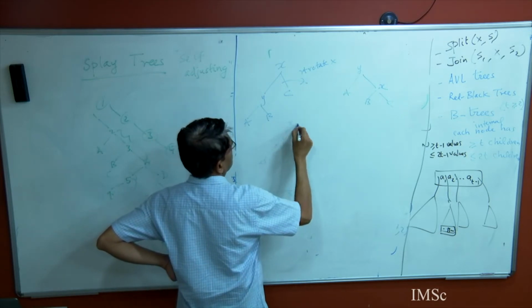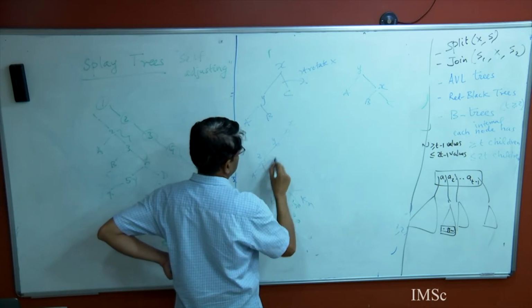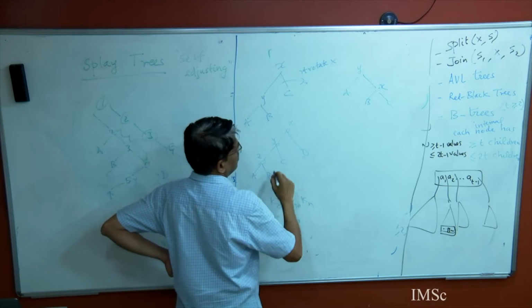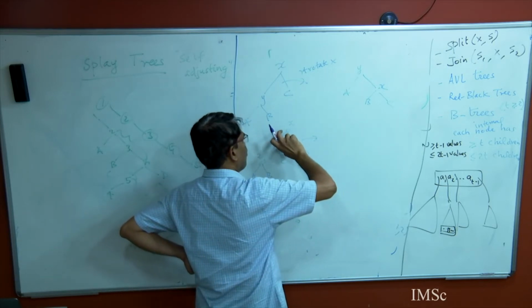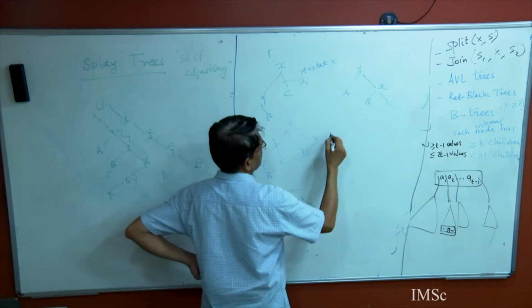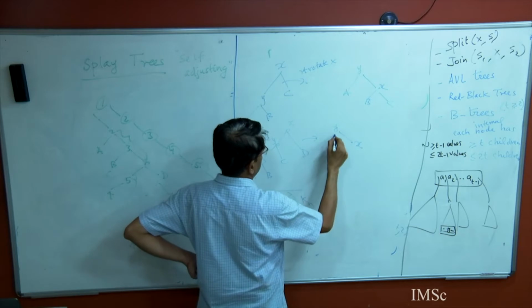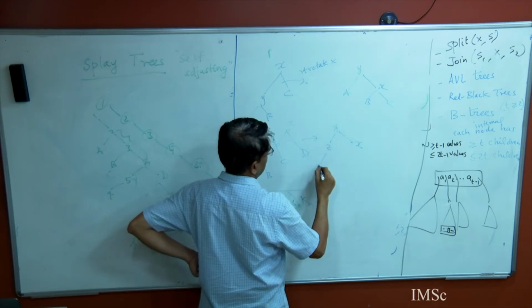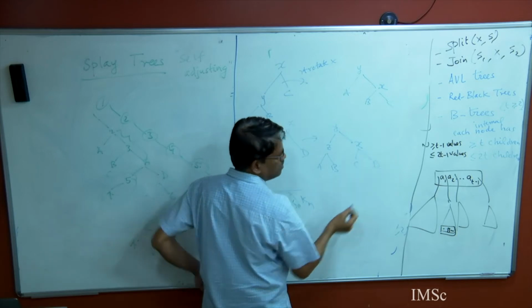Let's look at it in the same way. Let's say this is x, y, and z, and I have some other things here. It's basically one right rotation followed by another right rotation. So let's do one at a time, maybe y and x. Then I'll have z, a, b, c, d.